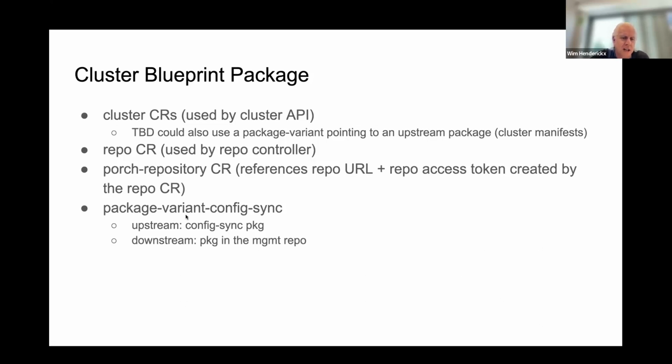So that's what this package variant config sync will do. It will be picked up by the package variant controller, which will then put that package with the necessary variation inside of that management repo.